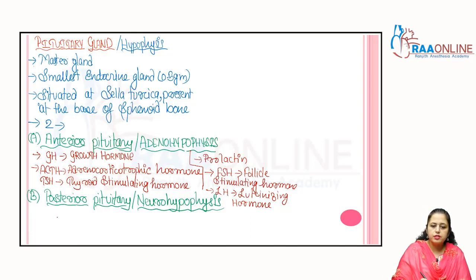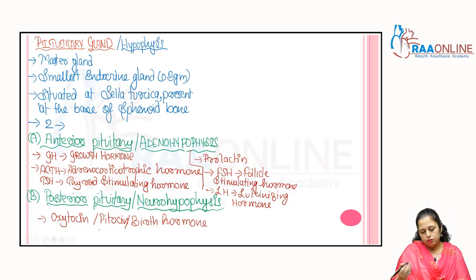the adenohypophysis, and from the posterior pituitary, oxytocin, which is also known as pitocin, the birth hormone, and so many names which are asked in the question paper, right?